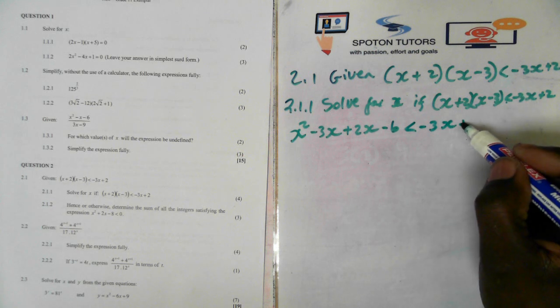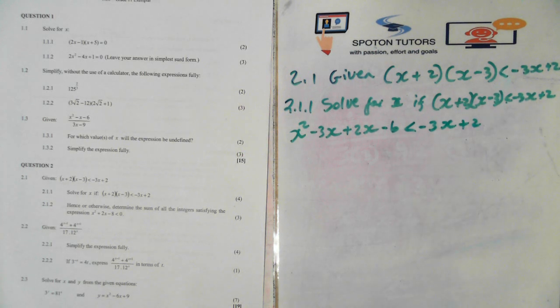3x plus 2. If you treat this as an equal sign, you have the upper hand.